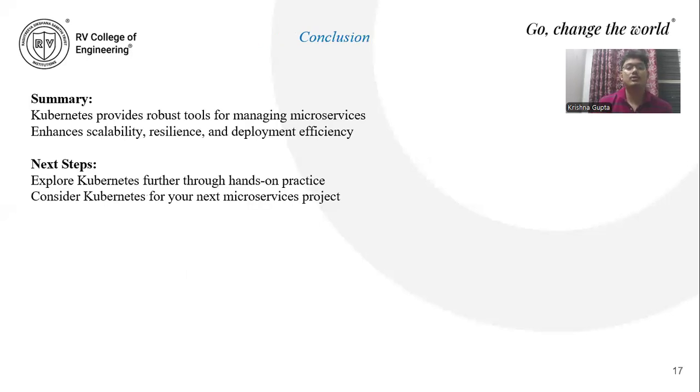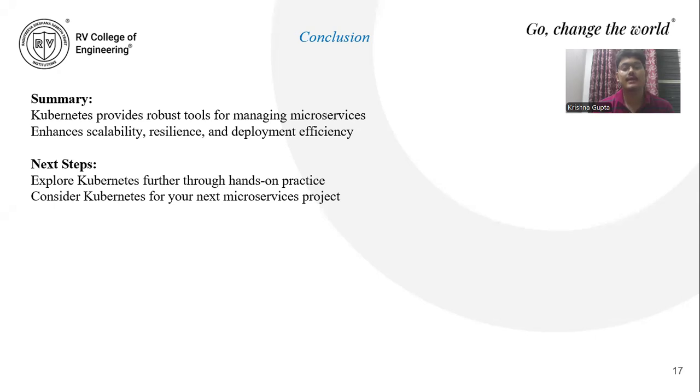So coming to the conclusion, Kubernetes provides a robust tool for managing microservices and cloud computing. What it does, it enhances the scalability, resilience, and deployment efficiency of our application. So what are the next steps for any software engineer or any person who has an interest in Kubernetes?